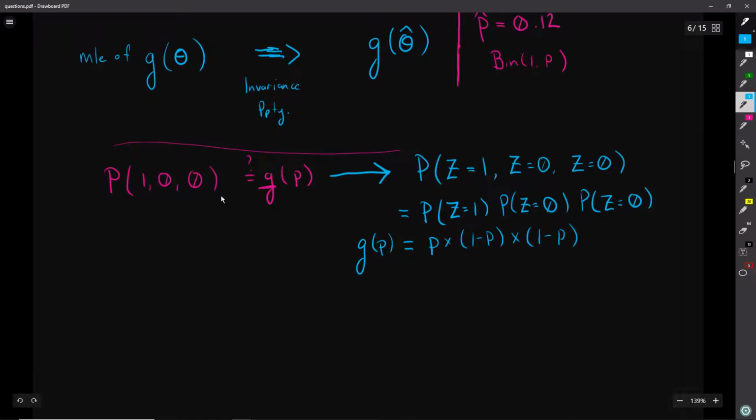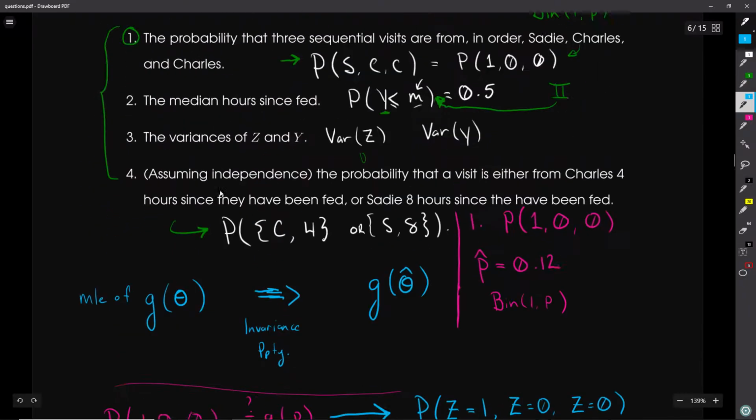By the invariance property, the MLE of g of p is g of p hat, which in this case is p hat times (1 minus p hat) squared, which is 0.12 times (1 minus 0.12) squared. That's the first one, and that gives us the MLE of the probability of that sequence of events.